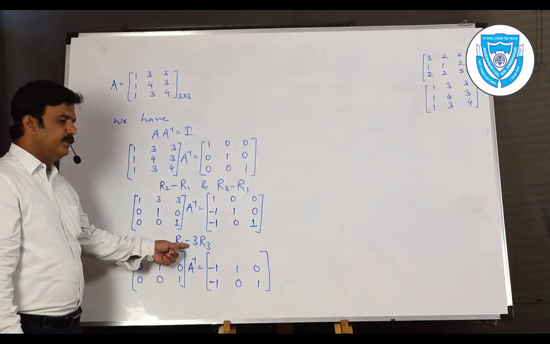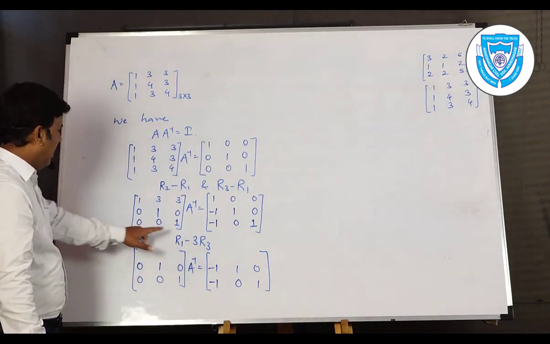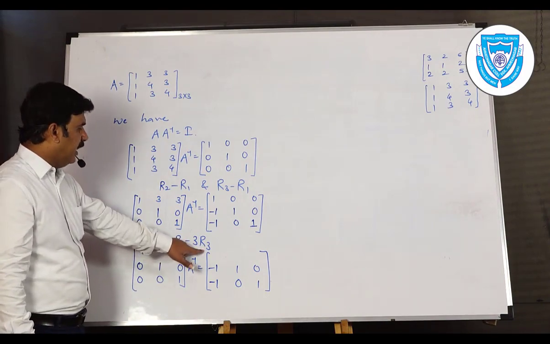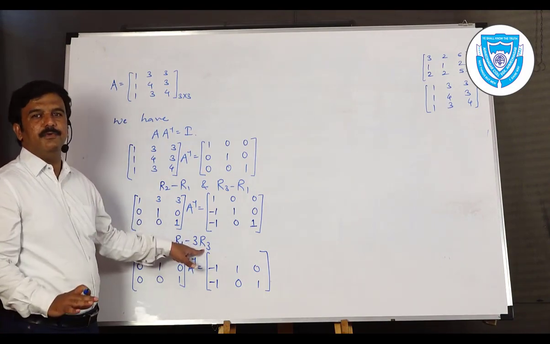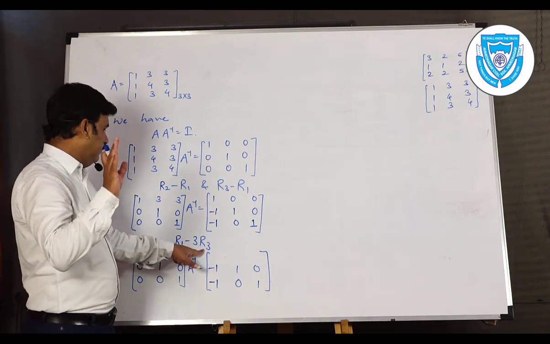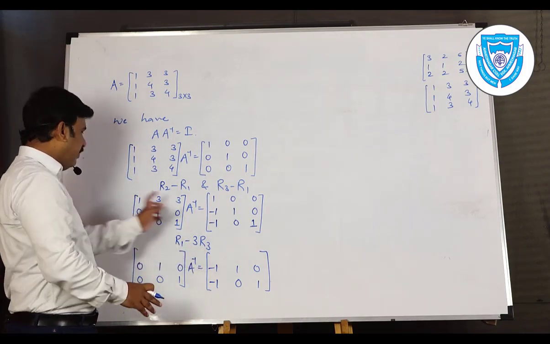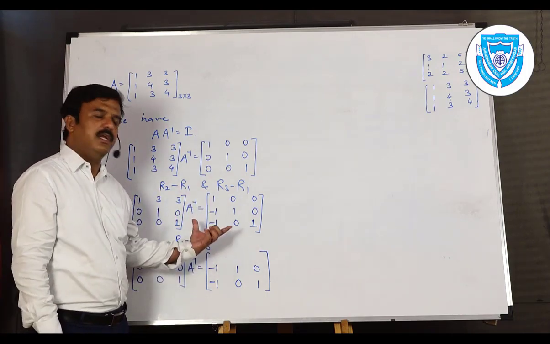Now let us perform this operation on the left hand side first. R1 minus 3R3. Let us not get confused. I'll suggest you to try it somewhere on the same page so that you won't get confused.